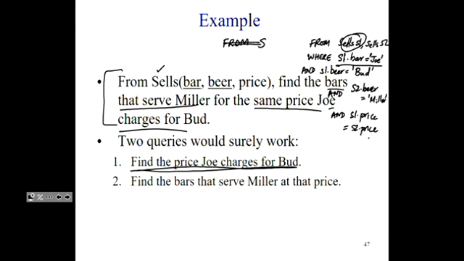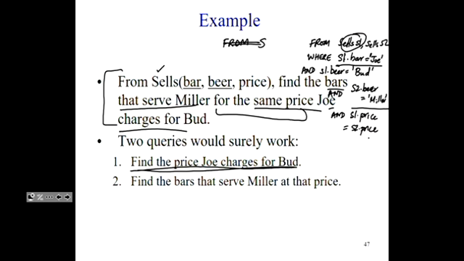Then for S2 you have S2 dot beer is equal to Miller. So these are the tuples within S2 that are pertaining to the beer Miller, and then I want to connect these two because I want to ensure that they are talking about the same price. So S1 dot price is equal to S2 dot price. Once I'm done with that, basically I have connected the two tuples and I have what I need in order to compose my select.